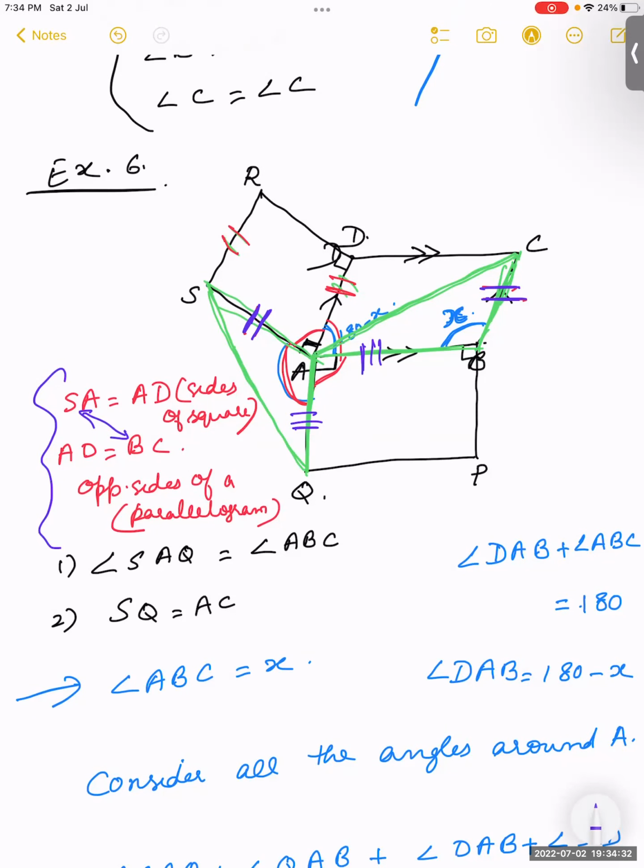Yes, ma'am. So side AQ and side AB are going to be equal. Side AQ is the side of triangle SAQ, the lower triangle, whereas AB is a side of the upper triangle, ABC. So we are able to prove two sides equal.